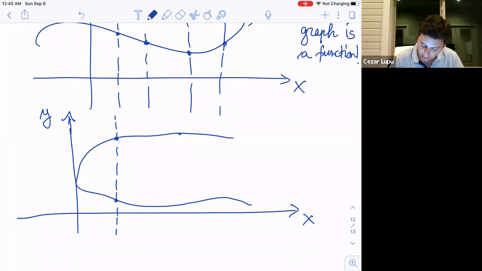Let's say this is the line x equals C. So for x equals C, there are two y values.